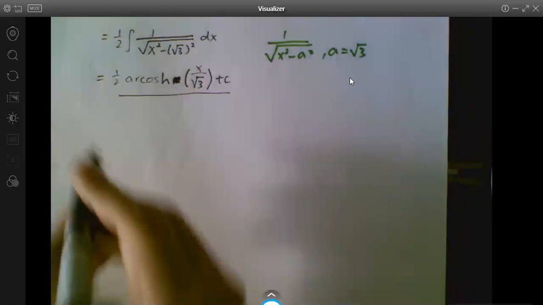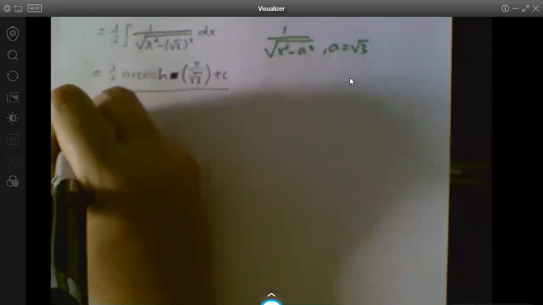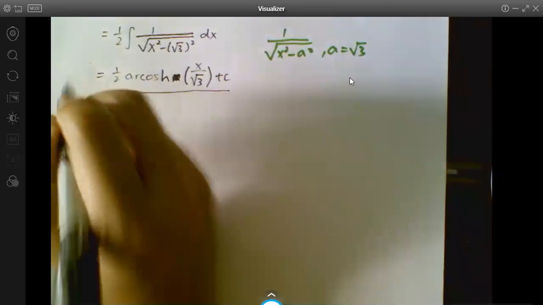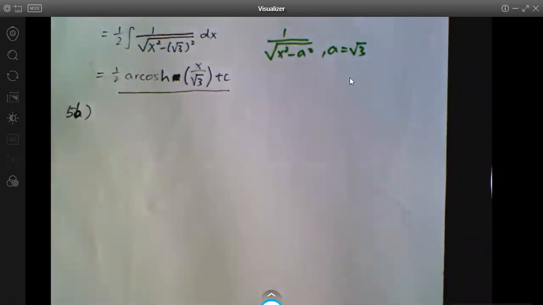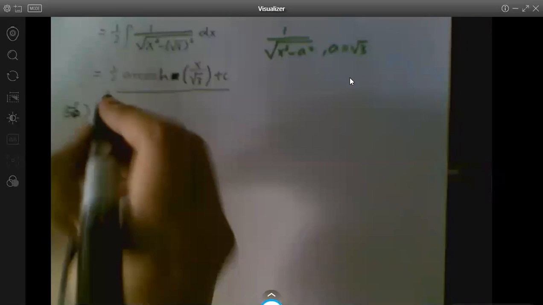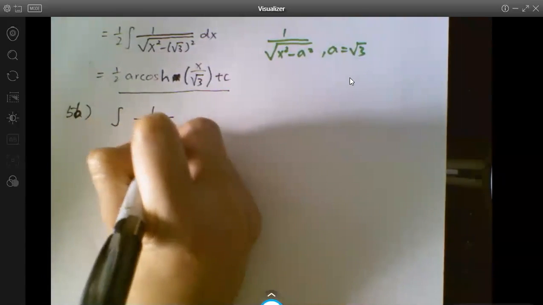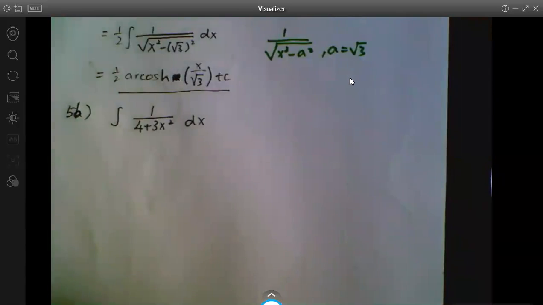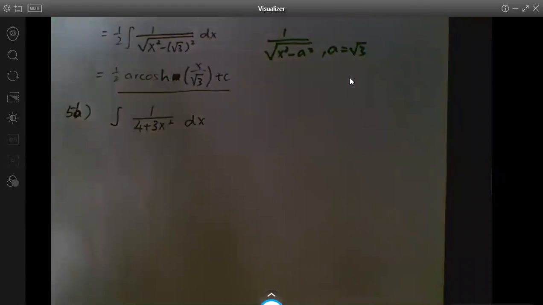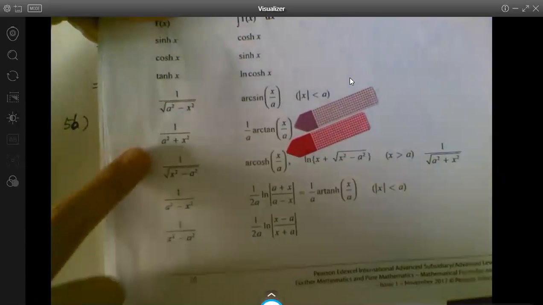5b. Integrate 1 over 4 plus 3x squared dx. There's no square root, so we will check the formula sheet again. And it should be quite clear that we are using this one.